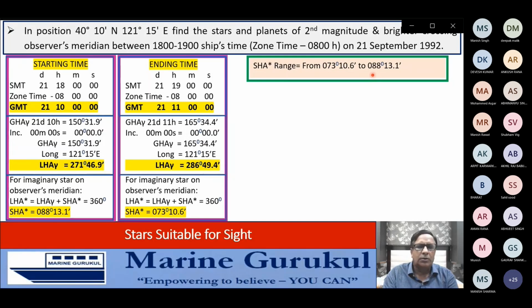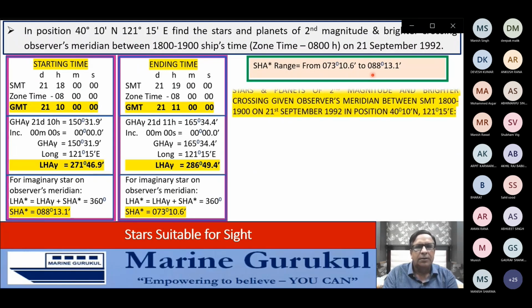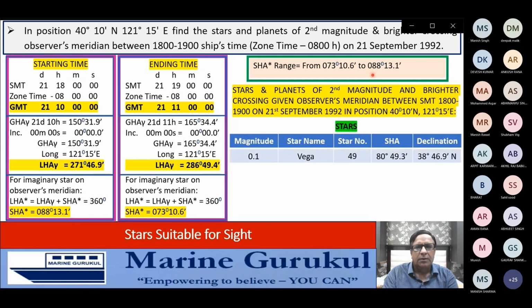We go to the star tables and we find out stars of second magnitude and brighter in this SHA range. And for planets, we'll go to the daily pages of the Nautical Almanac for 21st September. Stars and planets of second magnitude and brighter crossing the observer's meridian between SMT 18 to 19 on 21st September.